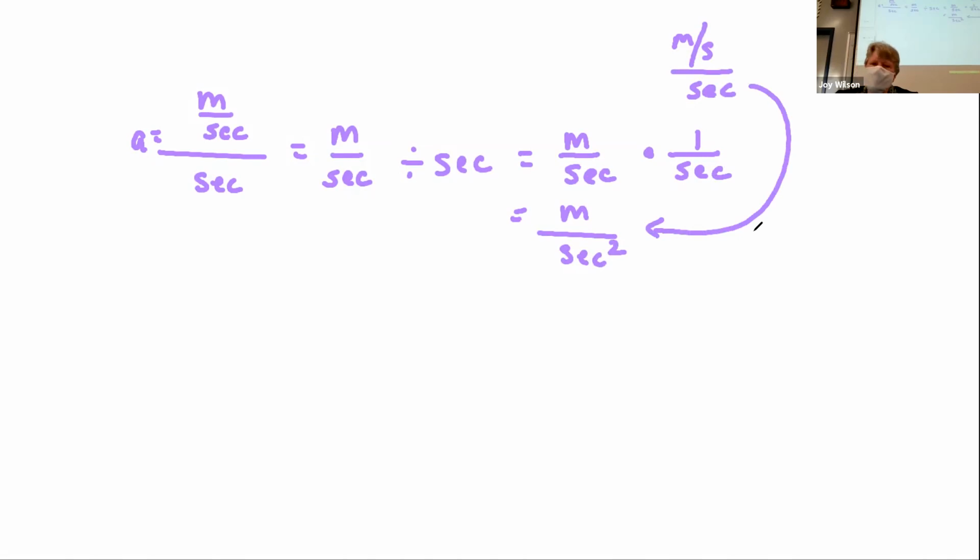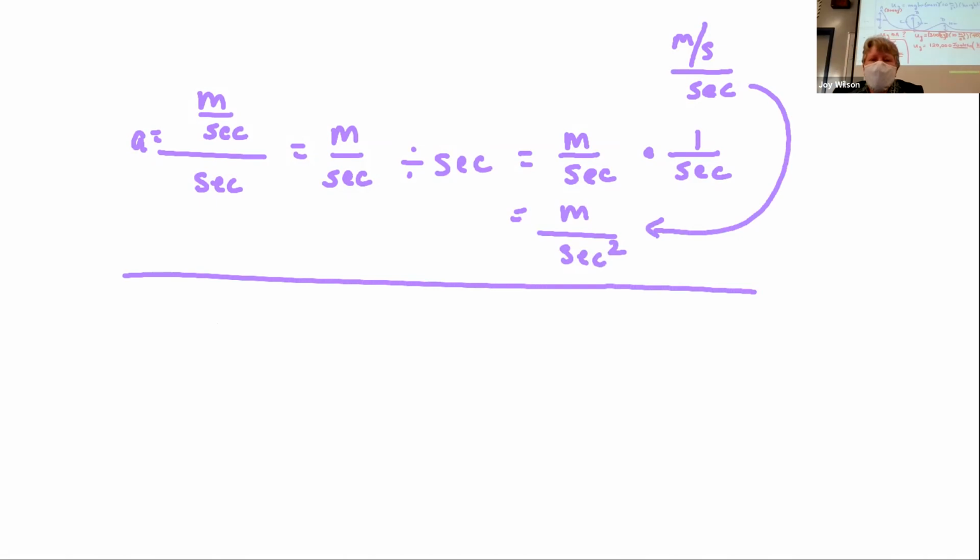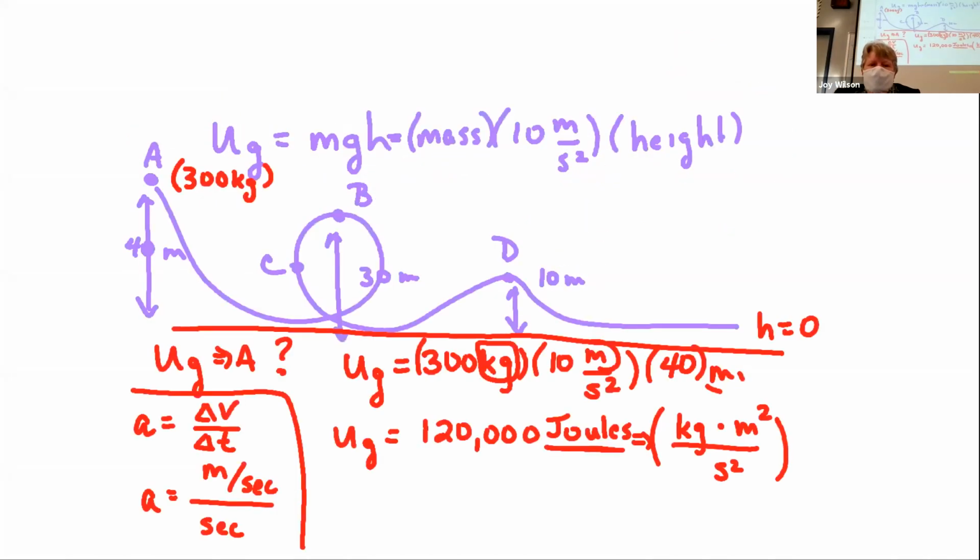Now for most of us, what we do is this. I'm going to go back to the other page real quick. What if I wanted to know the potential energy at point C? What does point C look like it is? Where does it look like it's located? At the 15-meter mark. Okay, Michael thinks it's at the 15-meter mark.